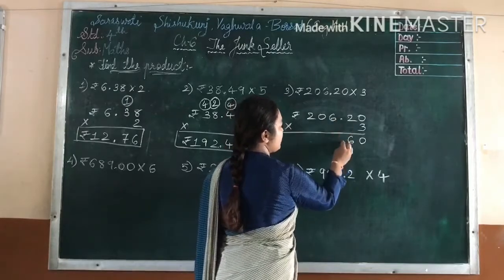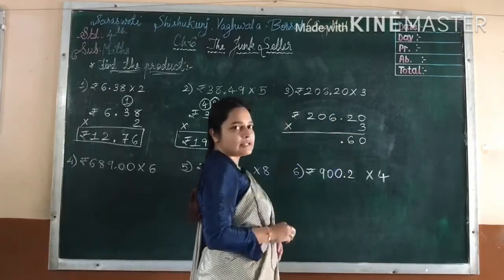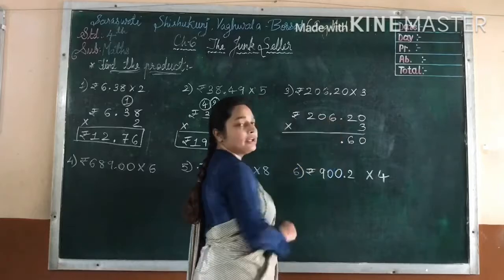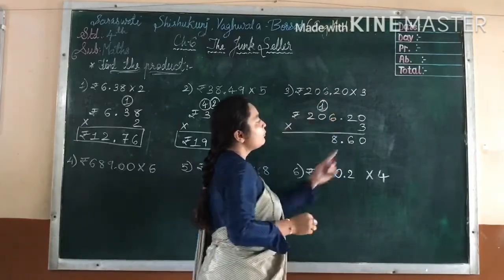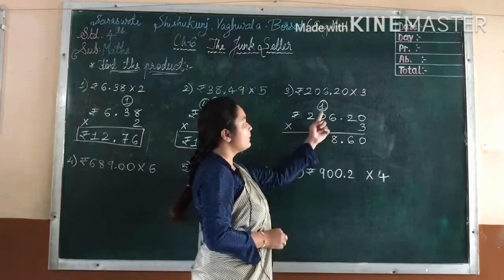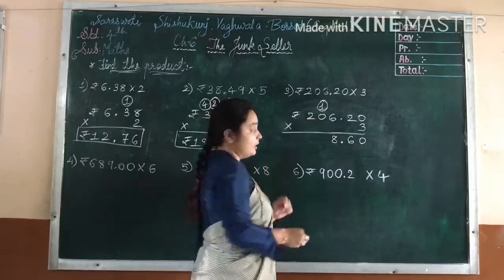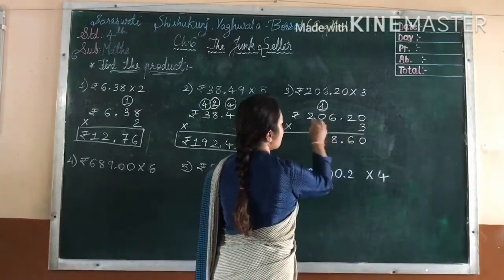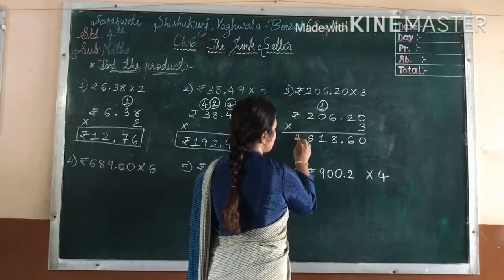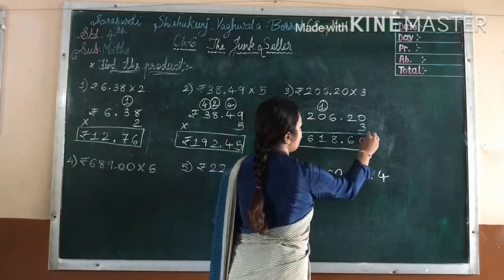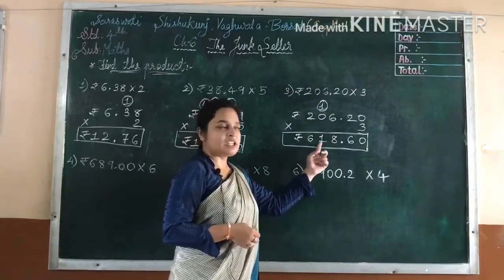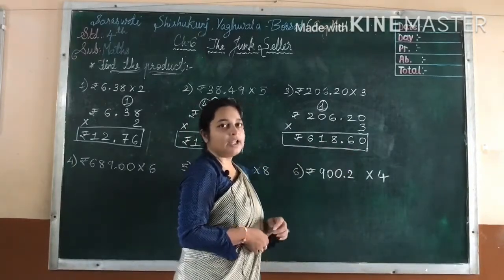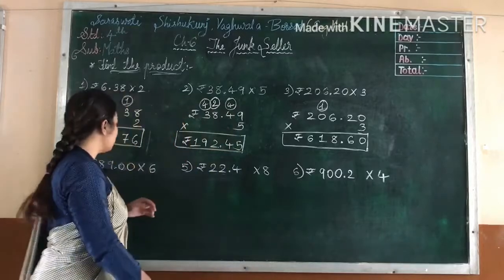Now decimal point is there, so first we will keep decimal point. 3 6s are 18. 8 downside, 1 carry goes on 0. 3 zeros are 0 plus 1 carry means 1, answer will be there. 3 twos are 6 and here rupees sign. The answer is rupees 618.60.